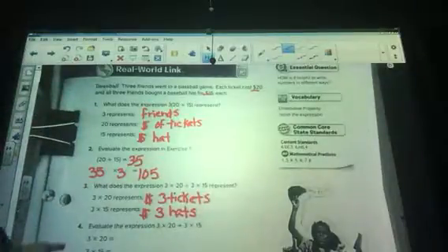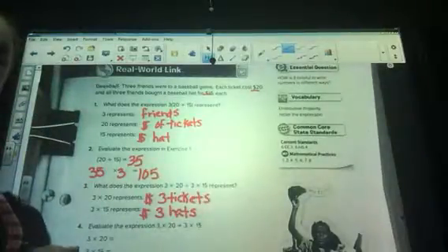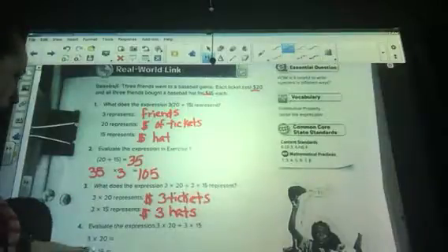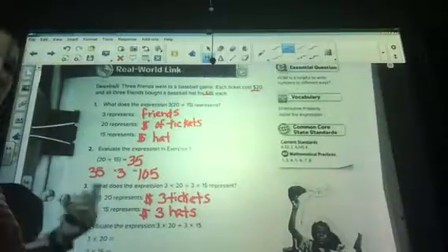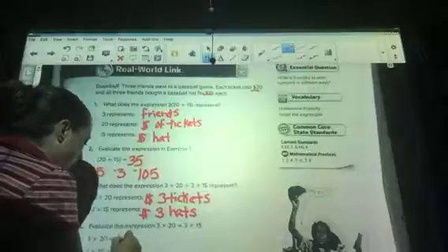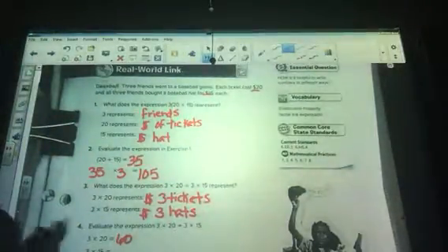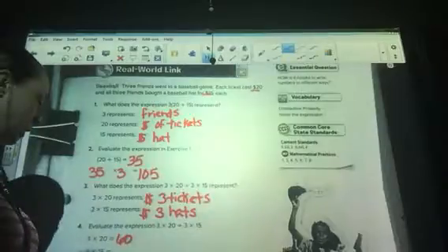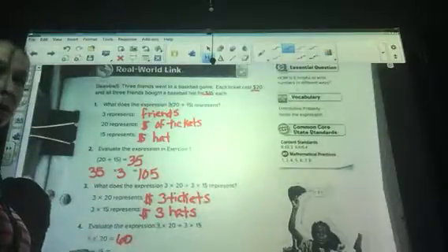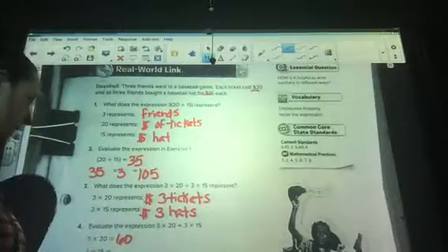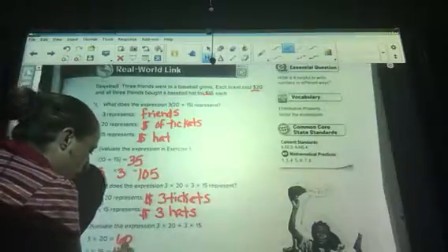So now we can evaluate this a different way. Okay? We can do 3 times 20, 20, 40, 60. And we can do 3 times 15, or 15, 15, and 15. So 15 and 15 is 30, plus 15 is 45.